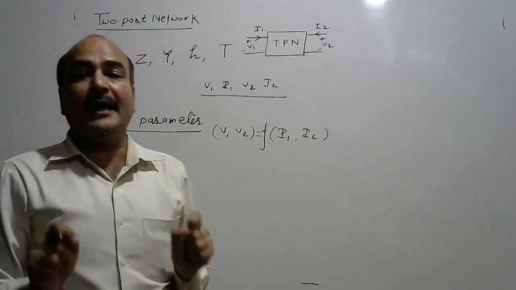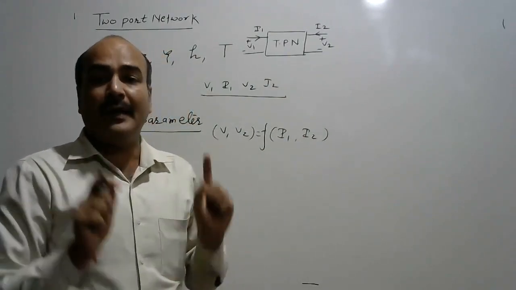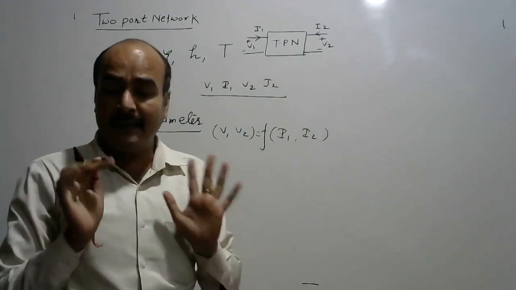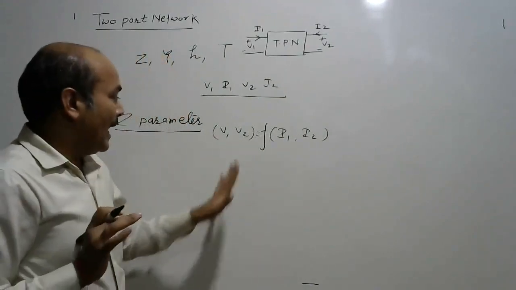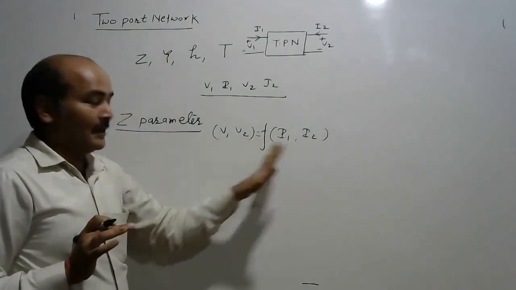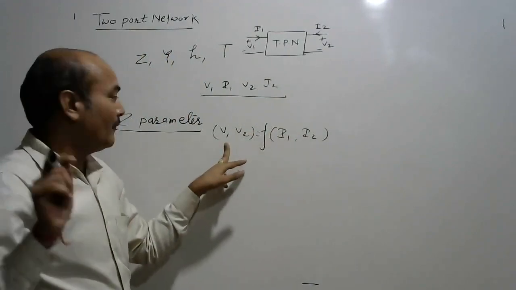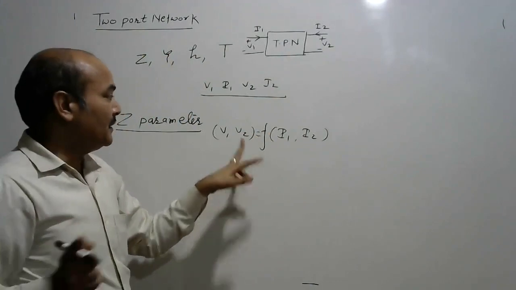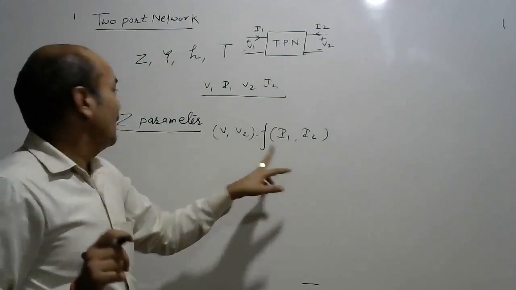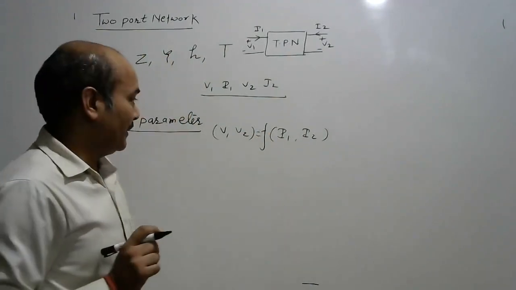So I1 and I2 are independent while V1 and V2 are dependent in Z parameters, and the relation which governs these equations, with V1 a function of I1 and I2 and V2 a function of I1 and I2, is known as the Z parameters.